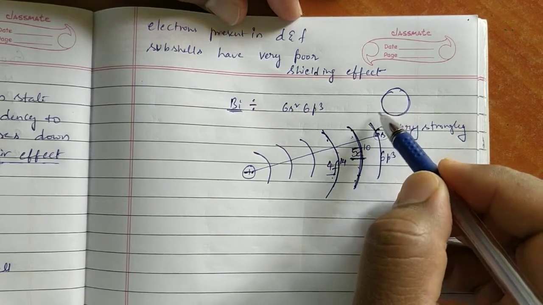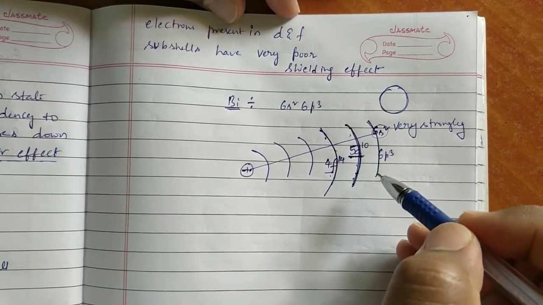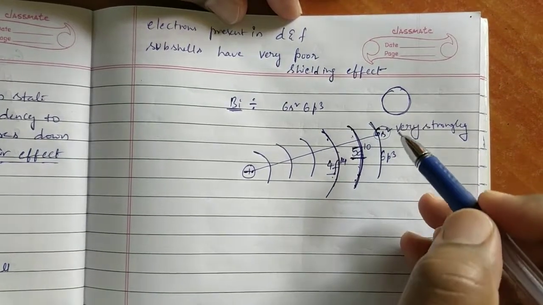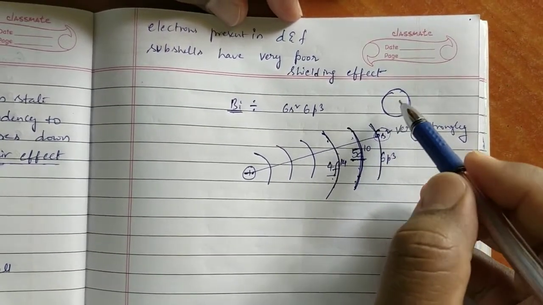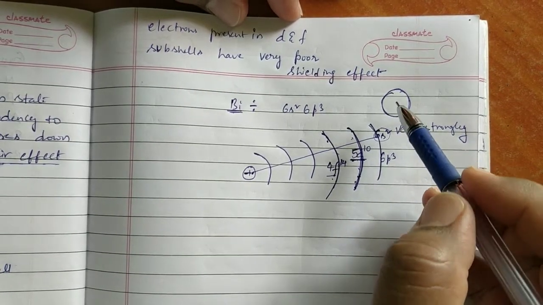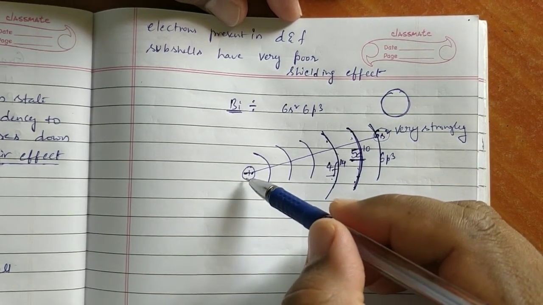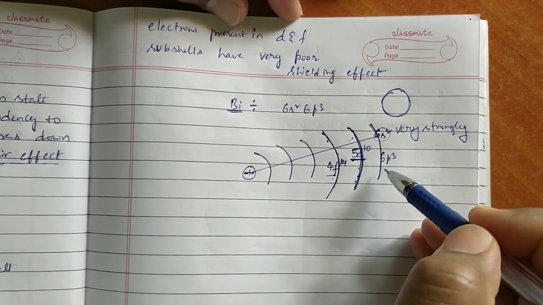So they can be attracted by the nucleus very strongly when compared to p electrons. Electrons present in the s subshell are spherical in shape. Its orbital shape is spherical. So electrons present in the s orbital can be strongly attracted by the nucleus when compared to p.